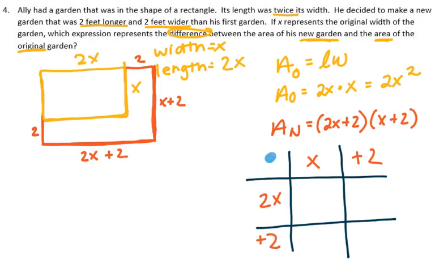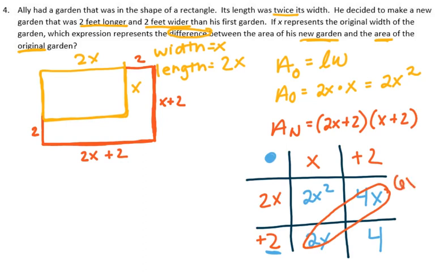So when I find my products, I'm saying 2x times x is a 2x squared. 2x times 2 is 4x. 2 times x is 2x, and 2 times 2 is 4. Of course, I remember I can combine my like terms along my diagonal to get 6x. That gives me a new area is equal to 2x squared plus 6x plus 4.